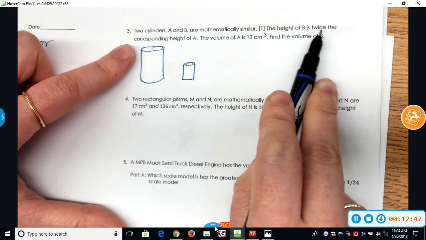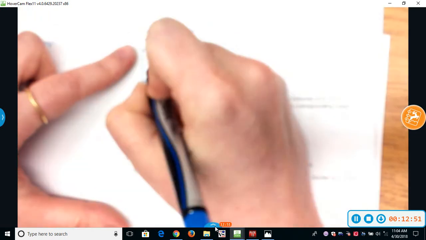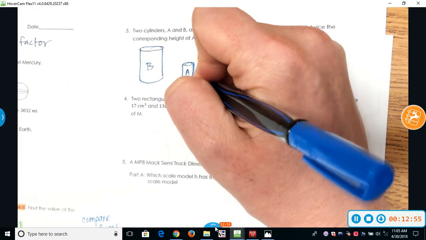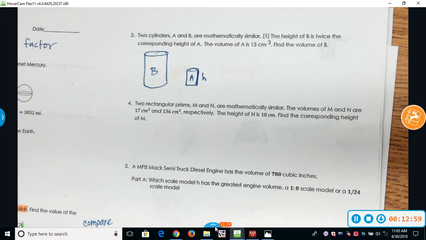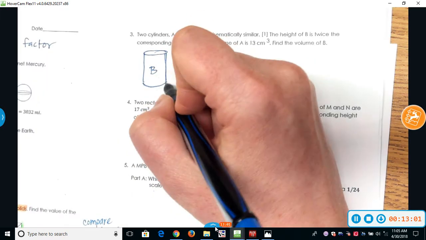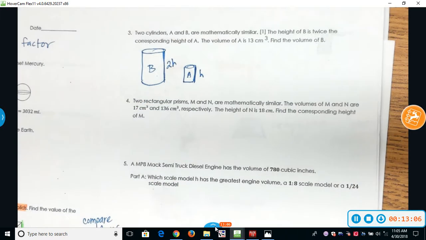The height of B is twice the height of A. Okay, so my smaller one is A, my bigger one is B. The height of A we'll call H. And I know that the height of B is 2 times the height of H. All right?